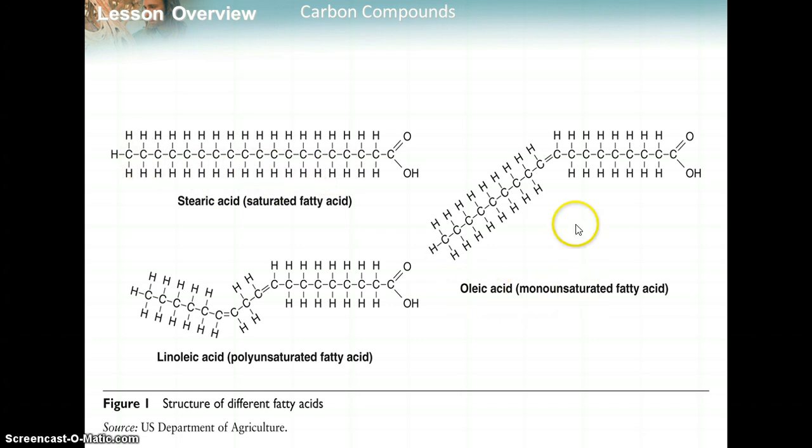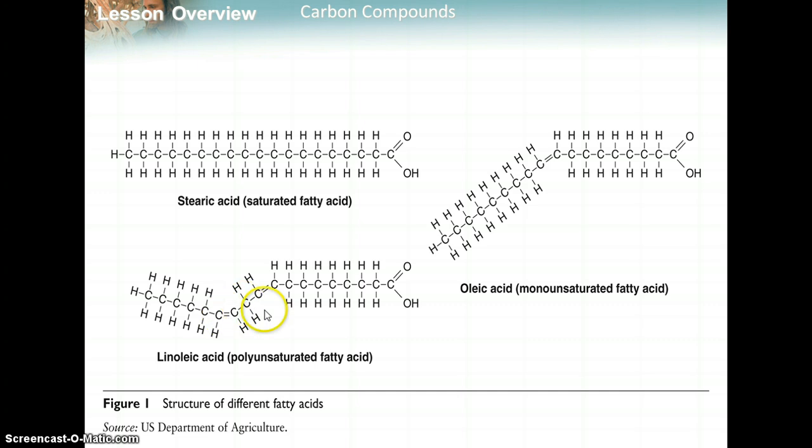Here's monounsaturated fat. Here's the one double bond, that's the mono, and it's unsaturated, meaning this part is not saturated with hydrogen. This little double bond forms a kink. This kinky structure is why it's liquid at room temperature. Same idea with the polyunsaturated fat.